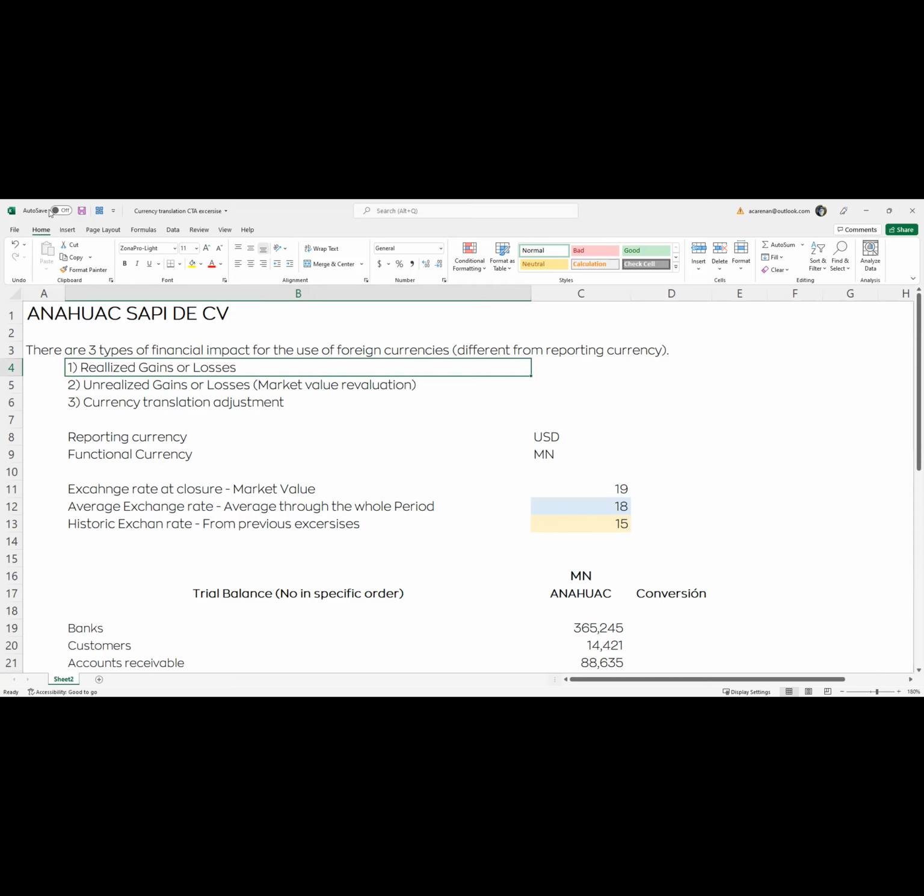It's a gain or loss in a transaction. But what is the fundamental aspect that makes it a realized gain or an unrealized gain? What is the difference between both of these?